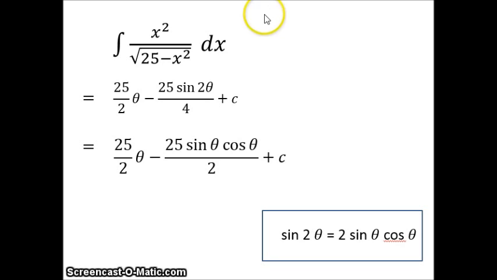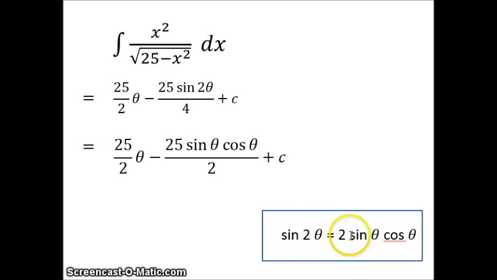Now that we have finally integrated the main equation, we end up with this. So now we need to bring everything back in terms of x. So we have a double angle here, which is quite a problem. So we'll have to substitute the equation sine 2 theta equal to 2 sine theta cos theta.